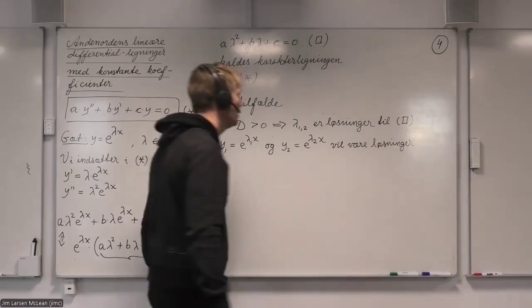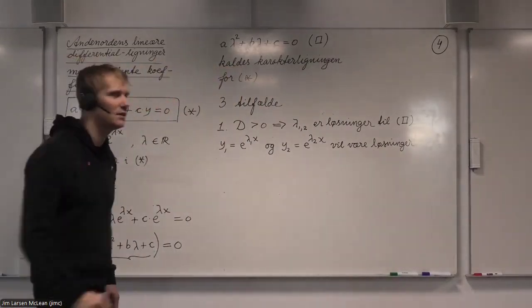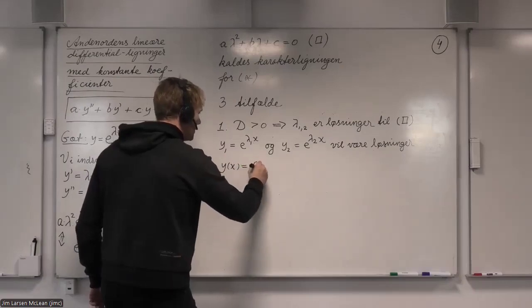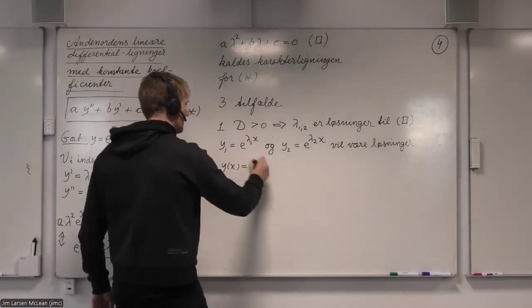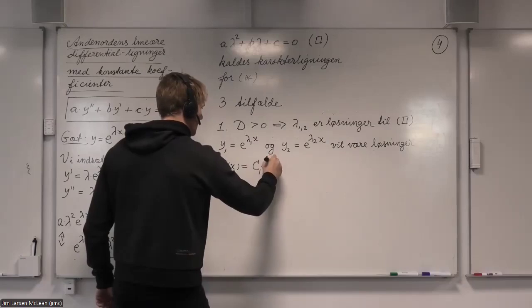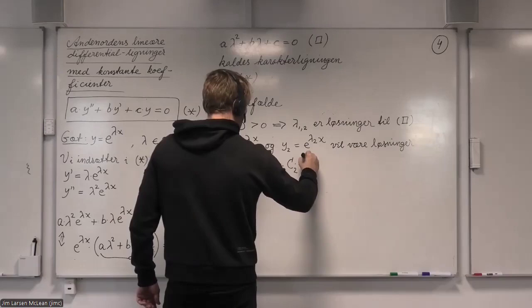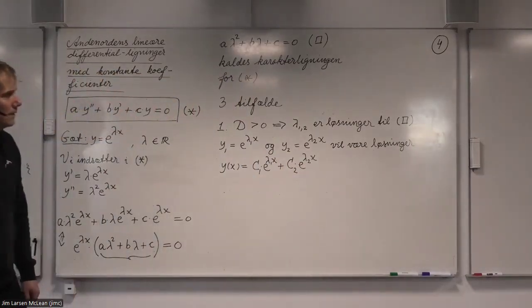And then, because these are solutions, what do we know? Then this will be the complete solution: some constant c1 times this one, plus some constant c2 times the other. Then this is the solution.